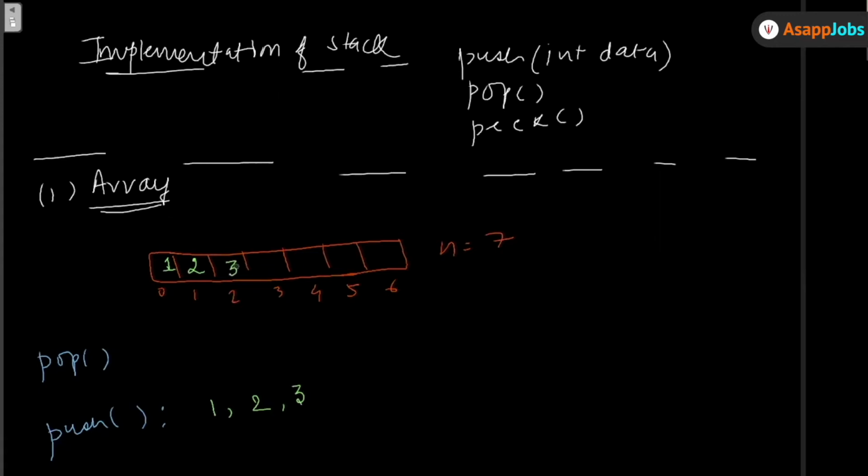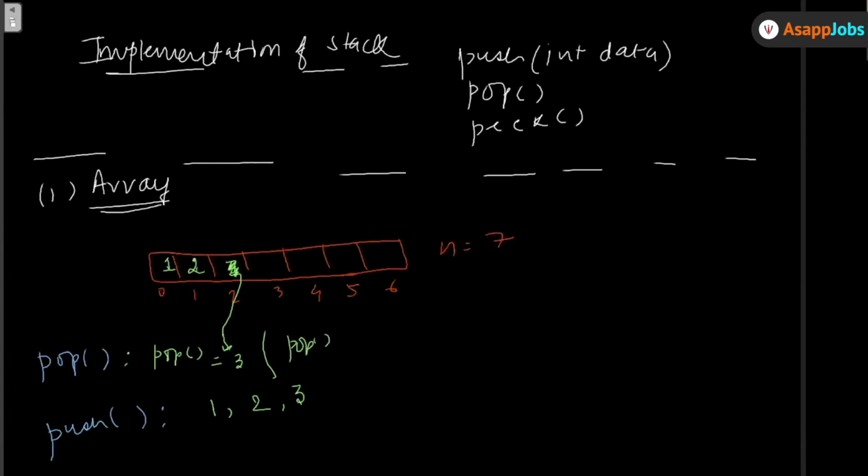Then I have to pop. The first time I call pop, this 3 should come out. So this will result in the 3. Now this place has become blank. The 3 is no more available in the array. Then I again call pop.